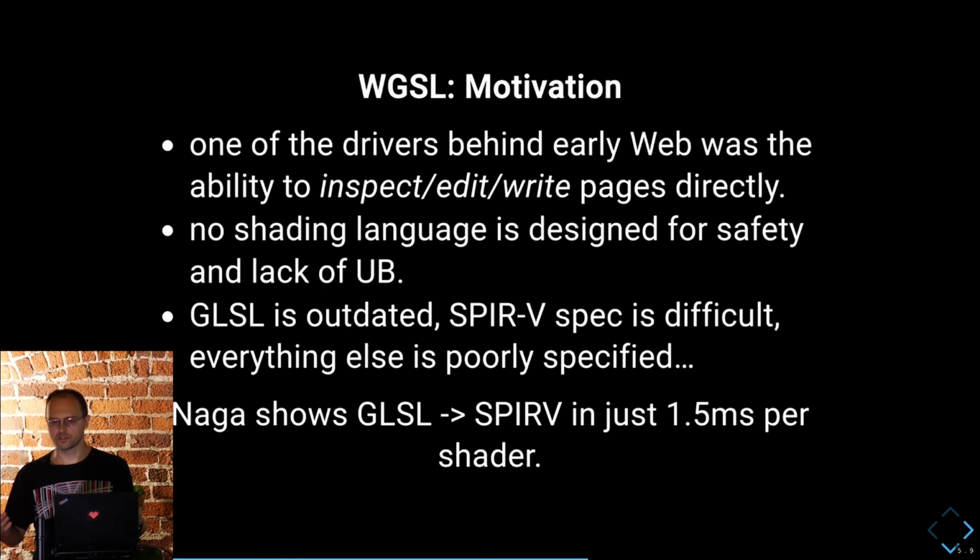As for performance, like, oh, text parsing is slow or text parsing is error prone, Naga successfully showed that it's extremely stable and it takes just 1.5 milliseconds per shader, which is nothing because you don't compile shaders in isolation. You do it just because you need to create the pipelines. And pipeline creation can take a random amount of time from 20 milliseconds to 2 seconds based on how big your pipeline is. So shader translation is exactly nothing here.